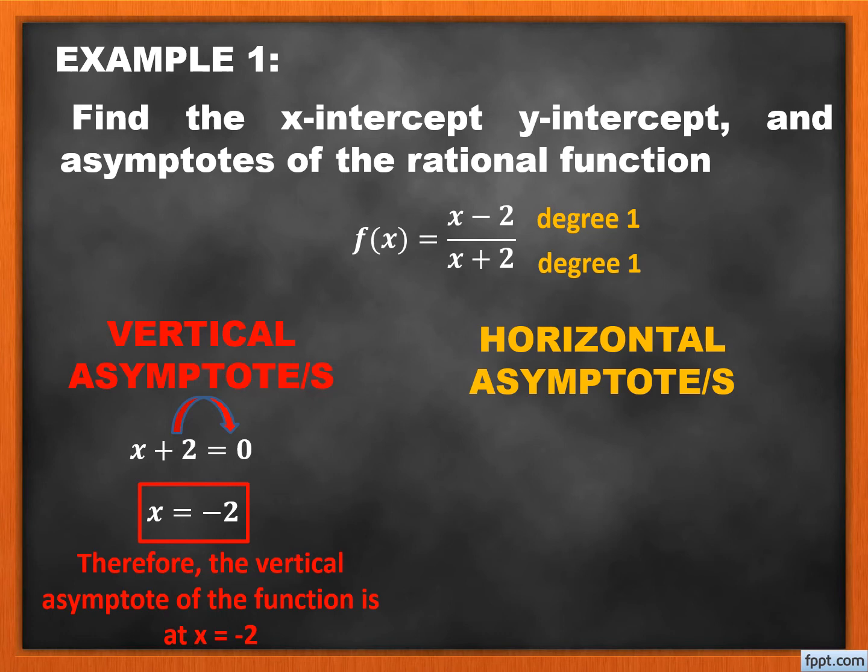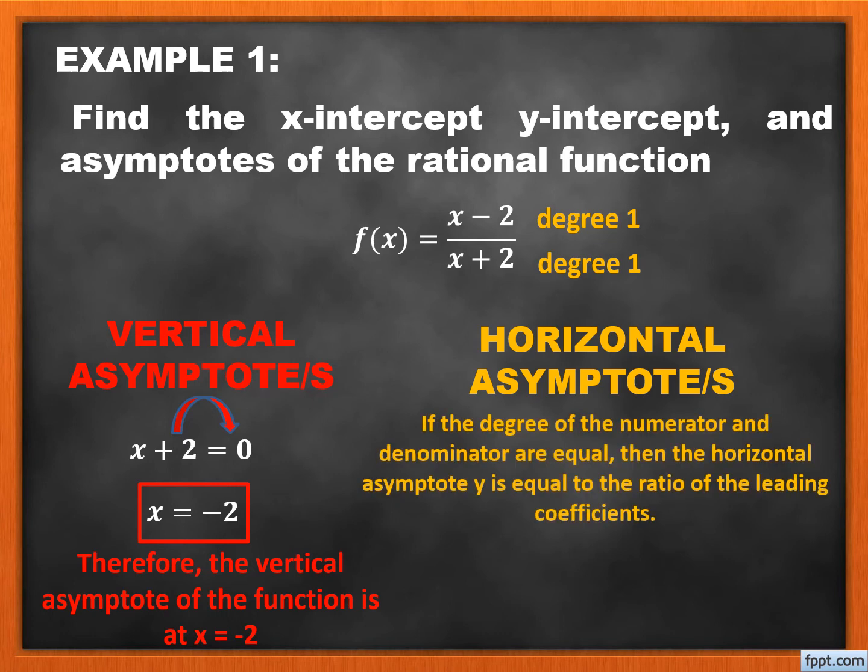So in our case, x minus 2, ang pinakamataas lang niya na exponent, wala namang square, wala namang cube, therefore the degree is only 1. On the other hand, sa denominator, which is x plus 2, wala ding square, walang cube, therefore, the degree is also 1. So, numerator, degree 1, denominator, degree 1.